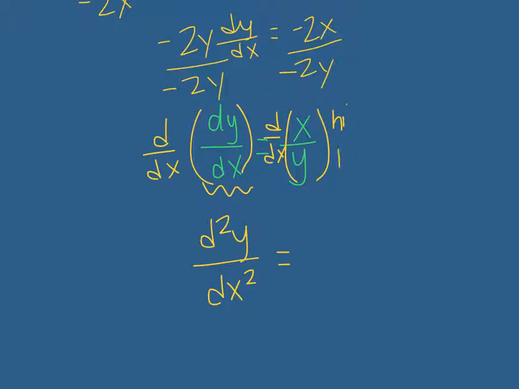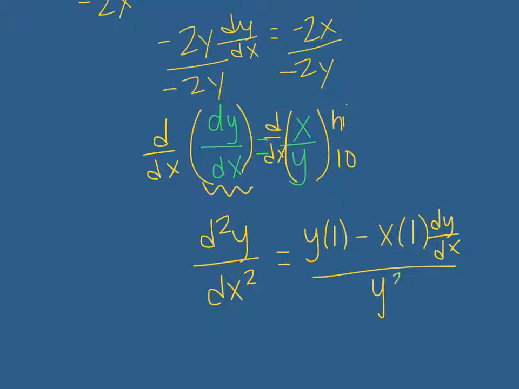Okay, so low and high. So I have y times 1 minus x times, and here's where we need to be careful. So low d high, so that's y times 1, minus high d low, so I have x. The derivative of y is 1, but don't forget I have to have that dy/dx term. And then it's all over low, the denominator squared. It's going to look like that.